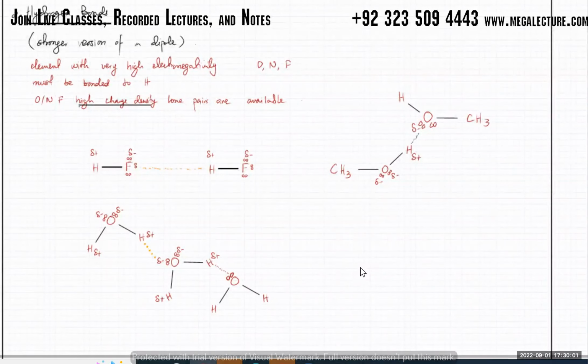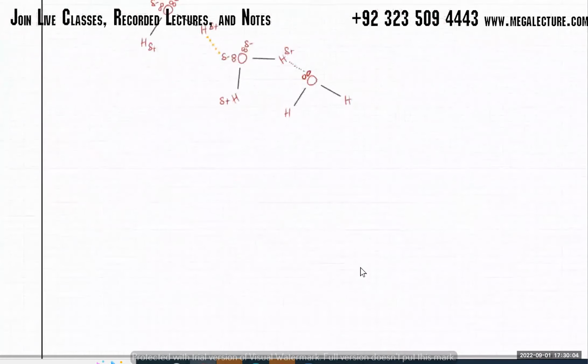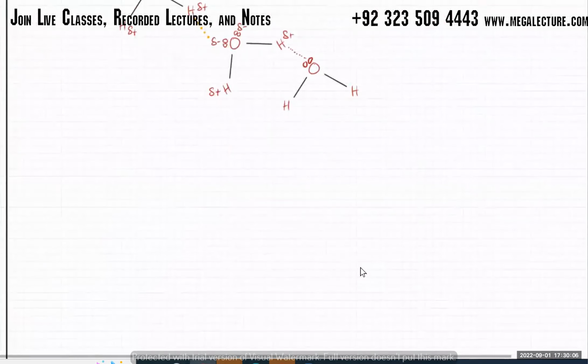So the next thing is molecules that have, अच्छा अब एक ग्राफ वगैरह कुछ याद रख लेना, क्योंकि they'll ask you questions which will be very similar to this.